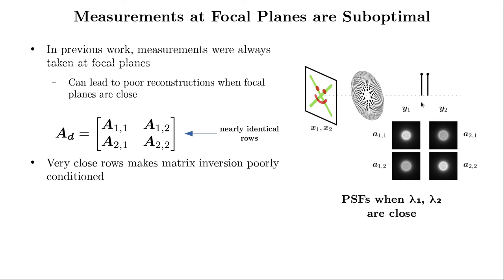And so the reason that this happens is if we actually look at the observation matrix A for a particular measurement configuration D, if the sources are close together, we'll see that we actually get rows which are very, very similar and nearly identical. And so this gives us poor matrix conditioning, and when we try to solve the inverse problem on the previous page, we get bad results. So the question is, can we find better measurement locations through some sort of algorithmic search?